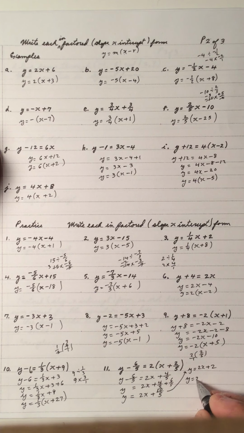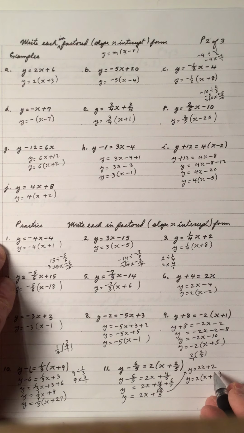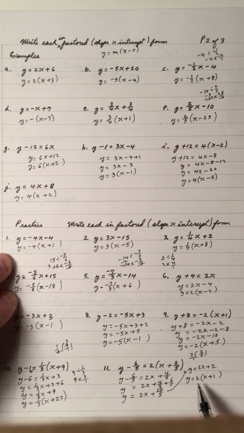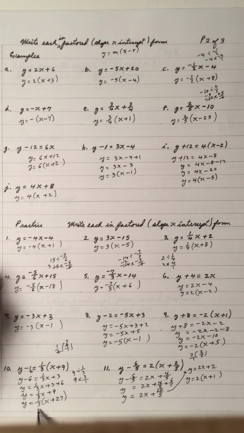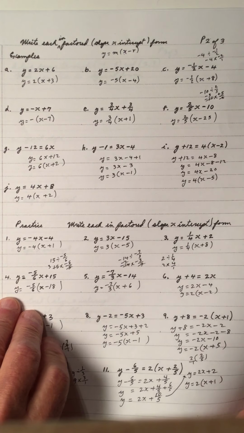And we factor out the 2. So 2 into 2x goes x. 2 into 2 goes plus 1. So we have it in the slope x-intercept form or the factored form. And yes, 2 is the slope, -1 is the x-intercept. And over here, number 10, slope is 1/3, and the x-intercept is -27.